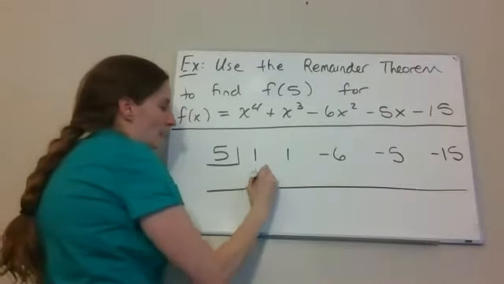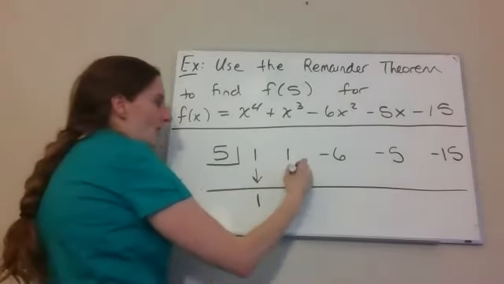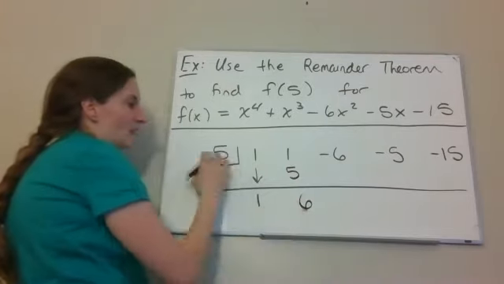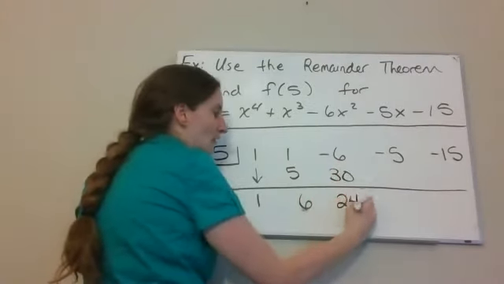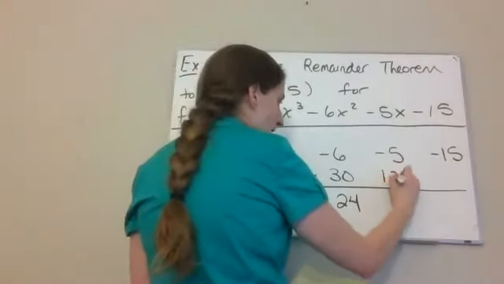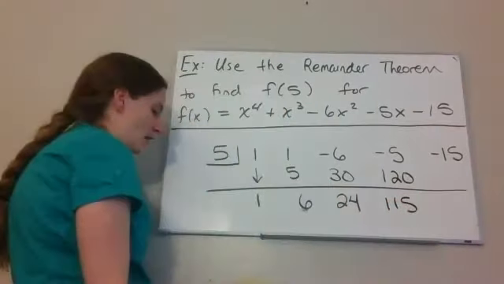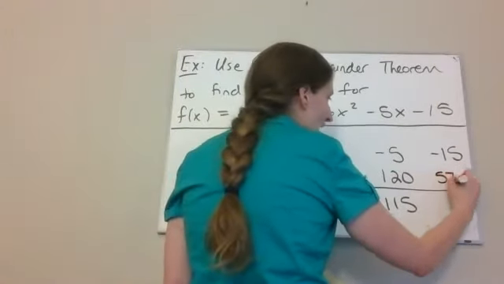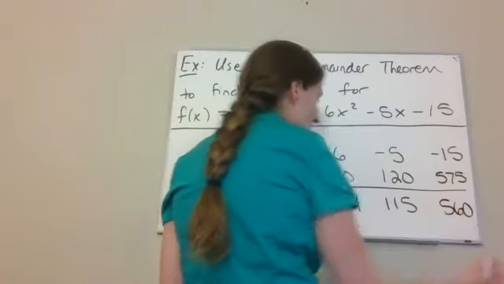And then I do my synthetic division algorithm. 1 times 5 is 5. Add them together. 6 times 5 is 30. Add the column together. 24 times 5 is 120. Add your column together. And 115 times 5 is 575. Add the column to get 560.